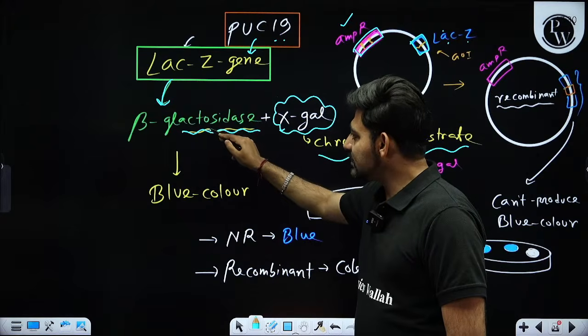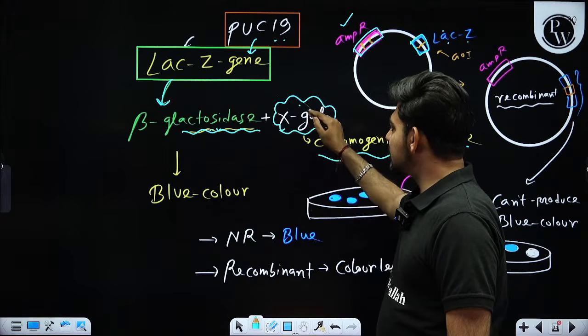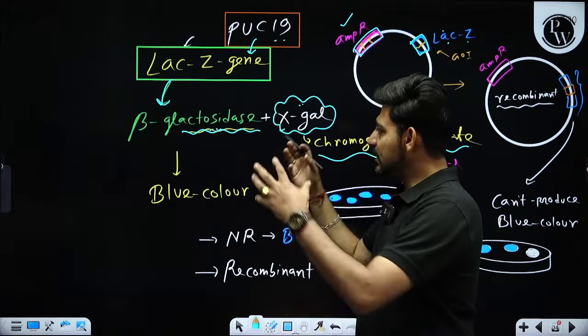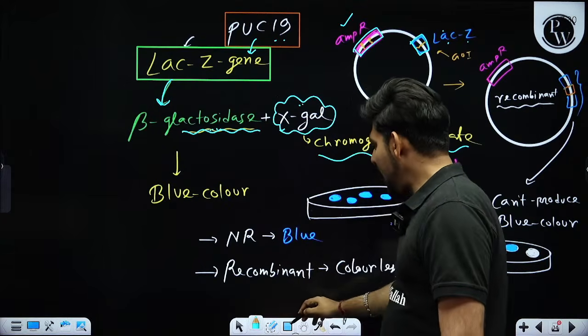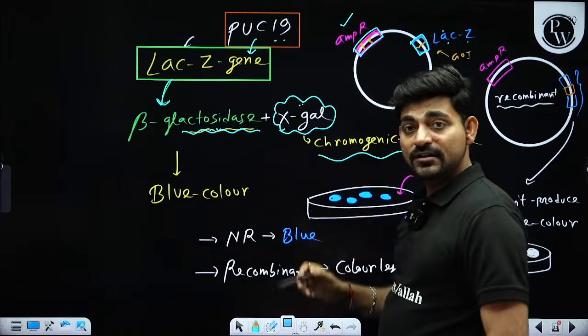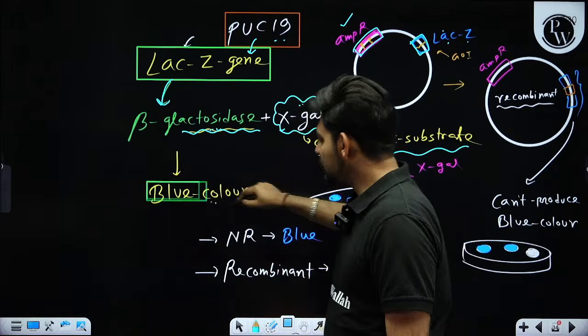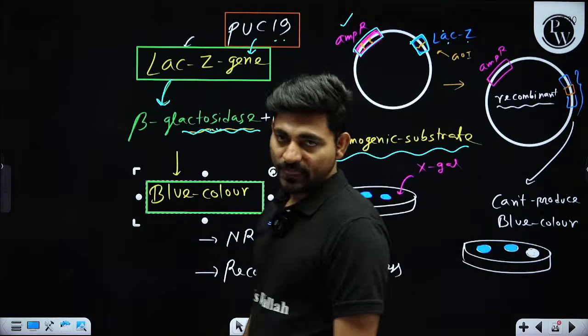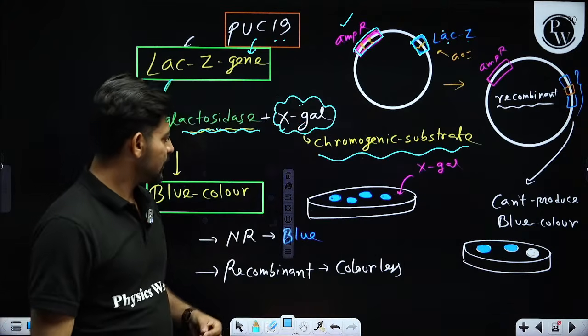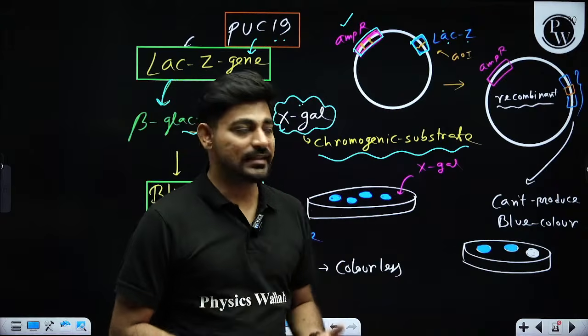So for this enzyme beta galactosidase, X-gal will act as a substrate. They will bind with each other, and because the substrate will produce color upon binding, it will produce blue color. Okay. Now, this is for the normal case.